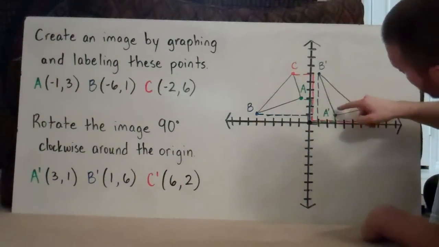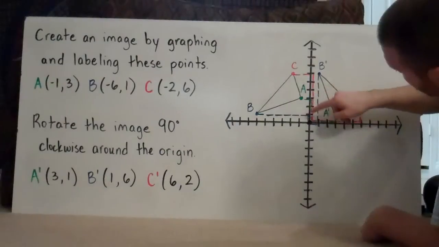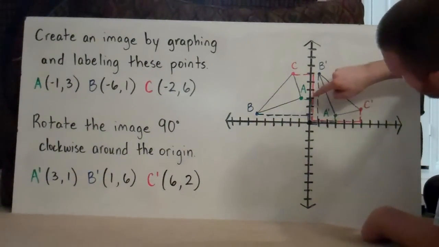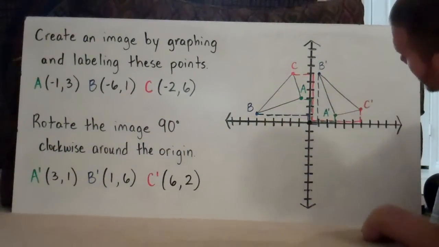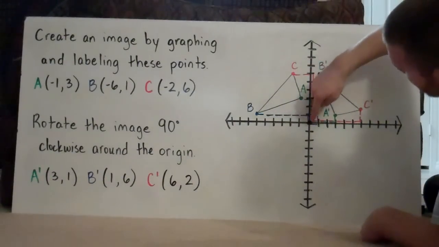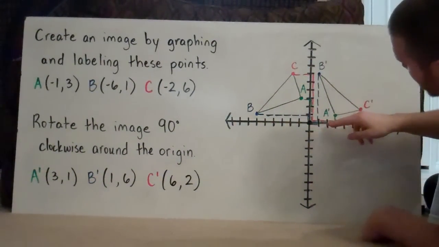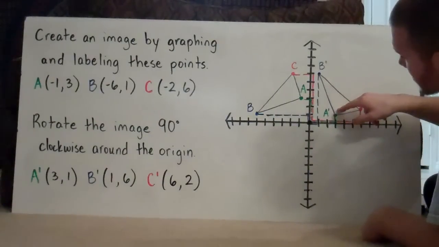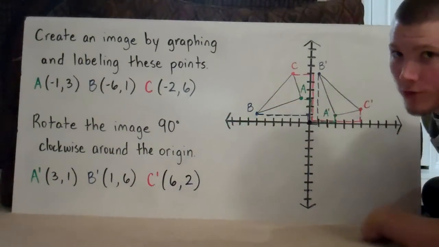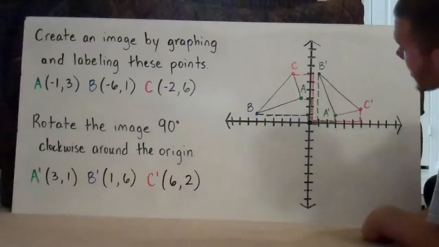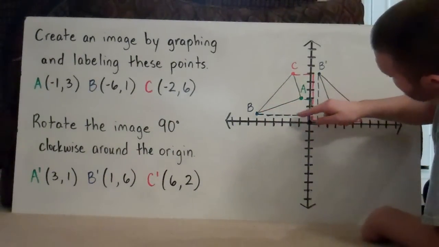It's still 3 over and up 1. 3 long, over 1. That green line is just rotating 90 degrees down, and A prime ends up right there at 3, 1. Point B is kind of facing this way.